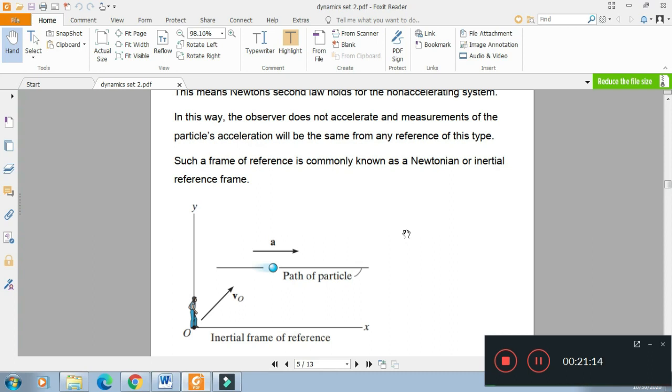So if the observer does not accelerate, from that observer's point of view, F equal to ma will be valid. F equal to ma will be valid if the observer is stationary or moving with a constant velocity.